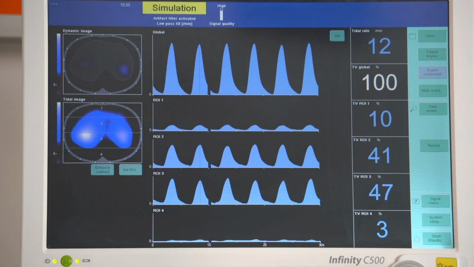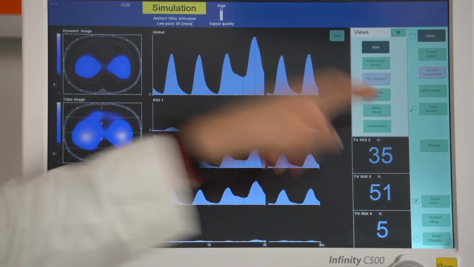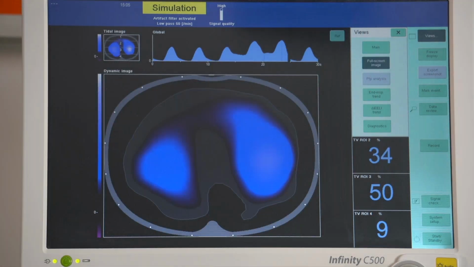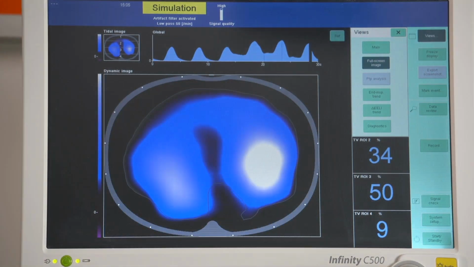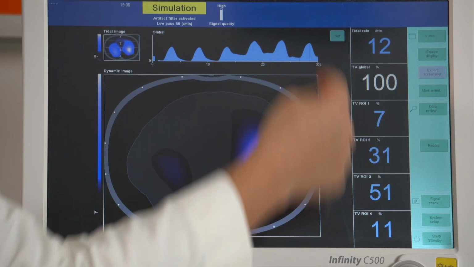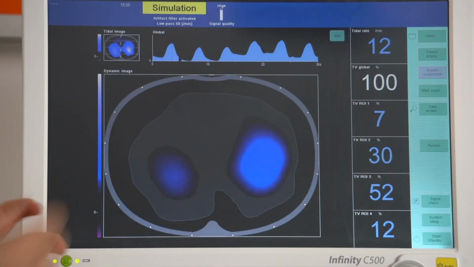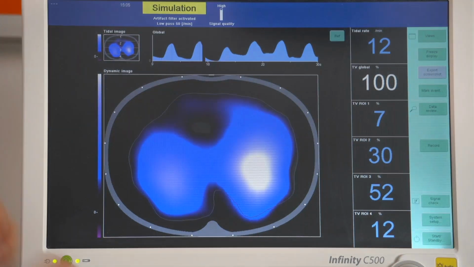In order to evaluate the success of any therapeutic intervention, we need to go into the end inspiratory trend view. If we look into the full screen view, this is usually just a demonstration of the dynamic image, plus the global impedance curve and the regional distribution of the ventilation.